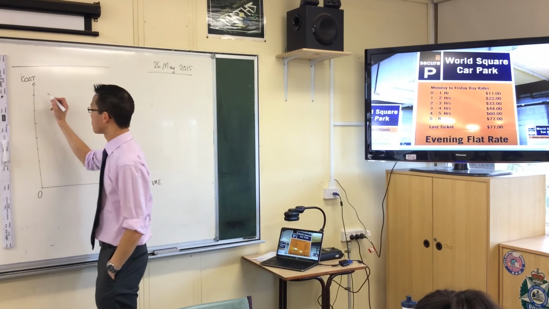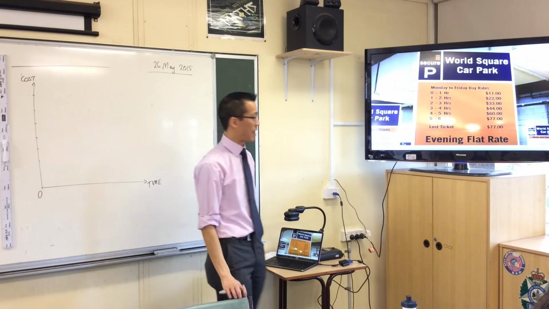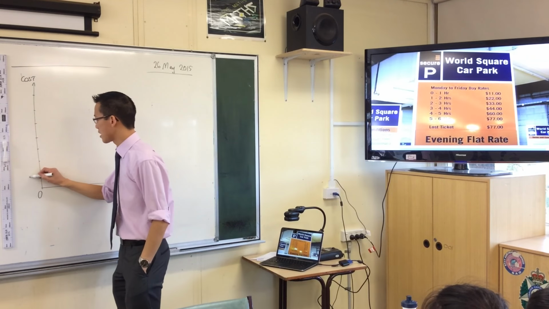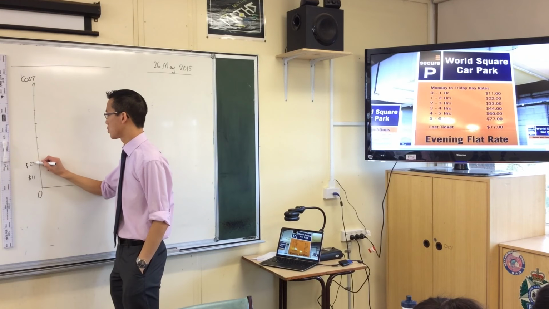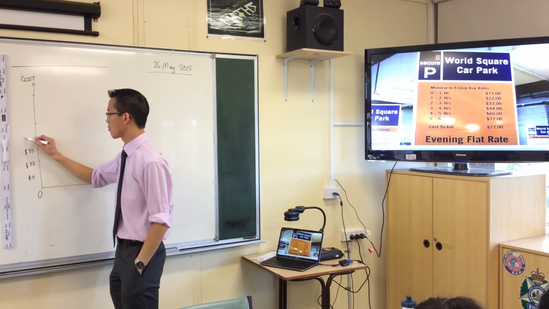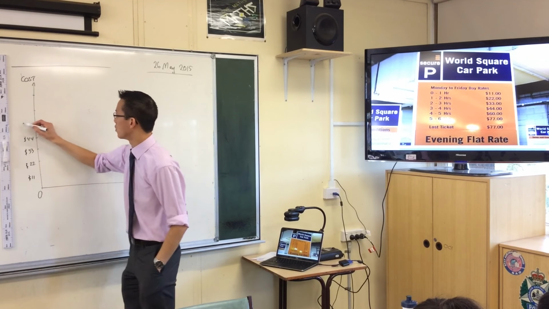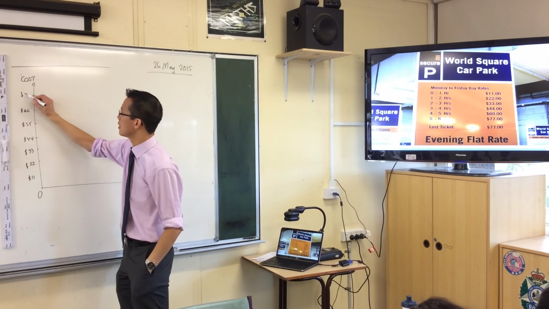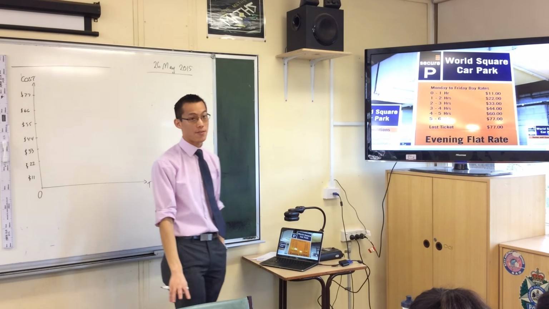Why do we need 7? At $11 increments. So that means I've got 11 here, 22 here, 33, 44. I will write in 55 and 66 because they will help me place that awkward number. And 77 at the top.